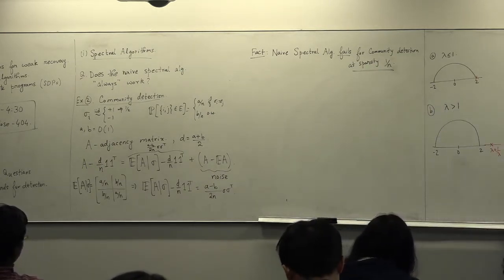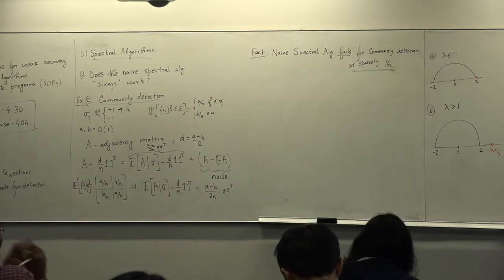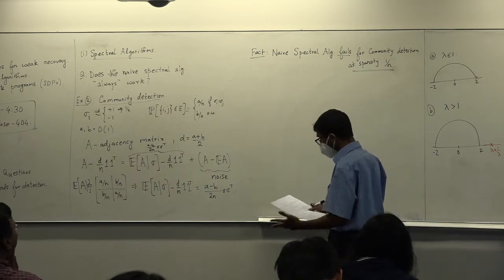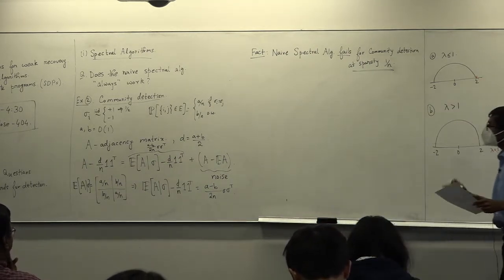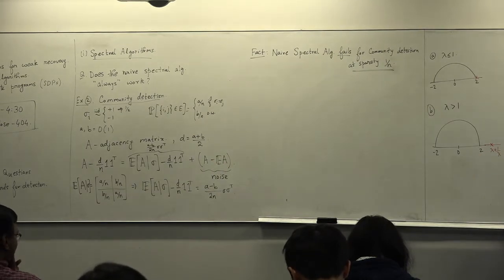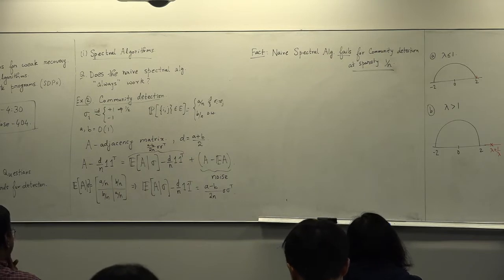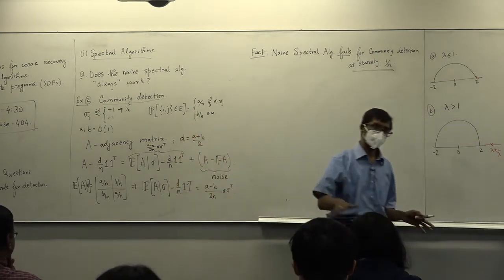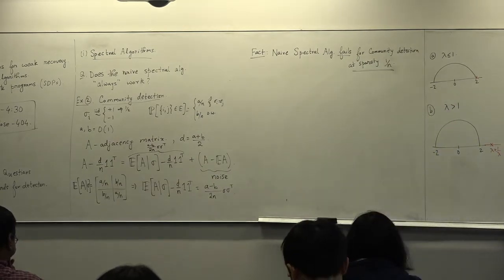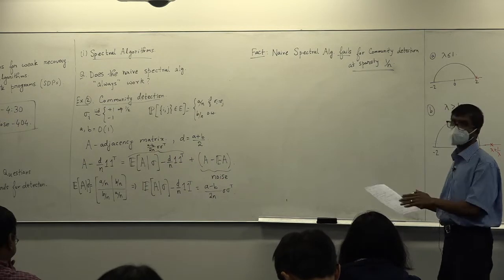Okay. Why is this the case? What is really happening? To demystify this a bit, let me take a step back. Instead of talking about graphs drawn from a stochastic block model where there is an additional community structure, let me first talk about even the Erdős-Renyi graph, right?